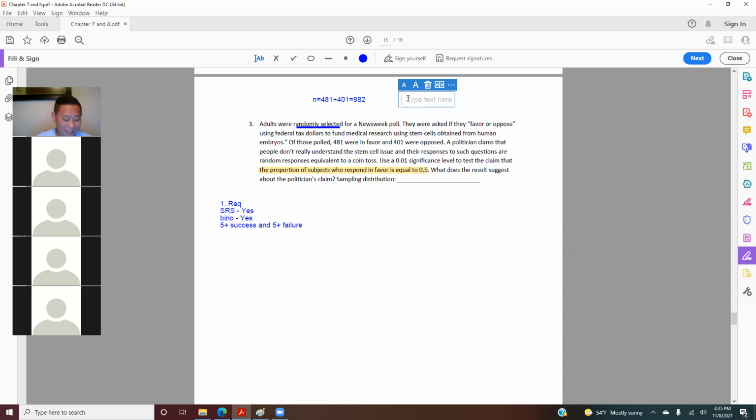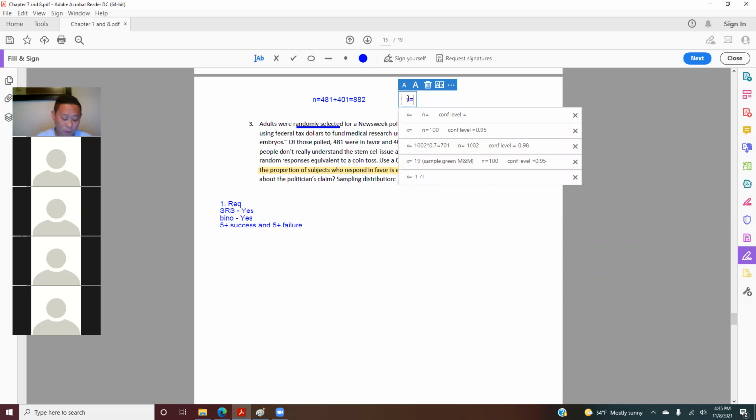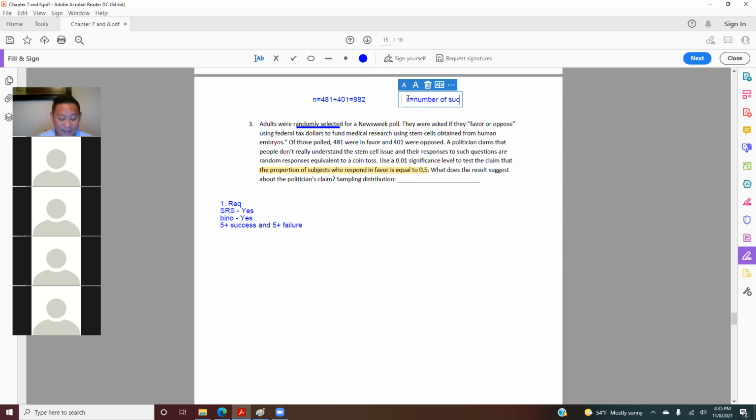Can someone tell me what X is in this case, which we call the number of successes? Read the claim statement and it will tell you. 481, yep. The reason we are not picking 401 is because the claim is asking for those who are in favor, and those in favor are 481.